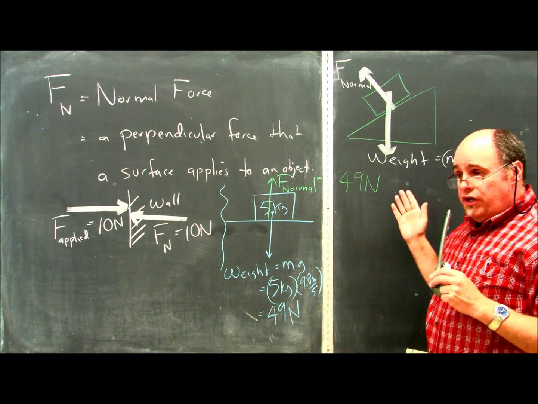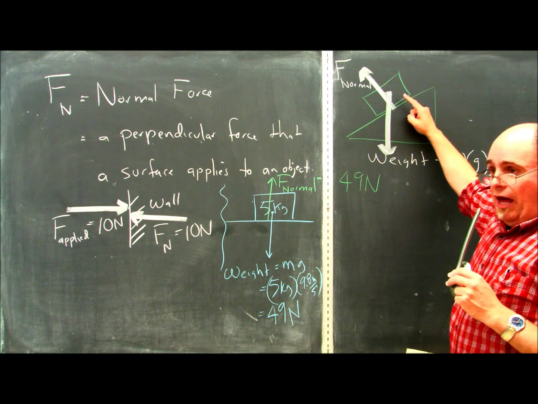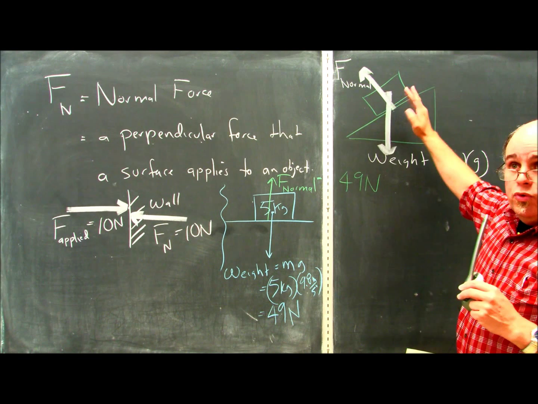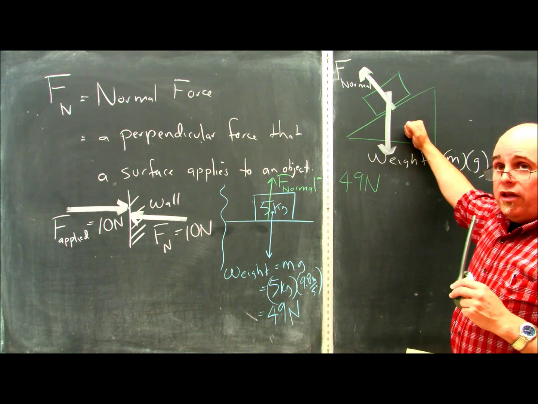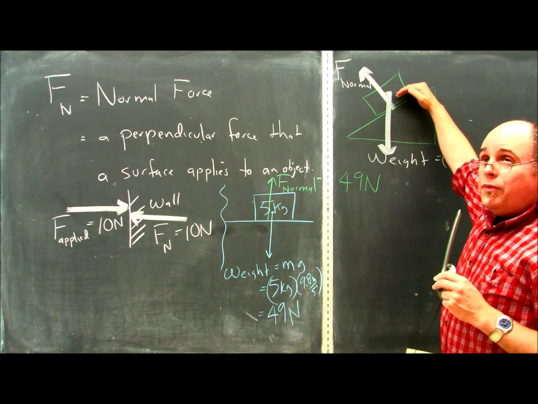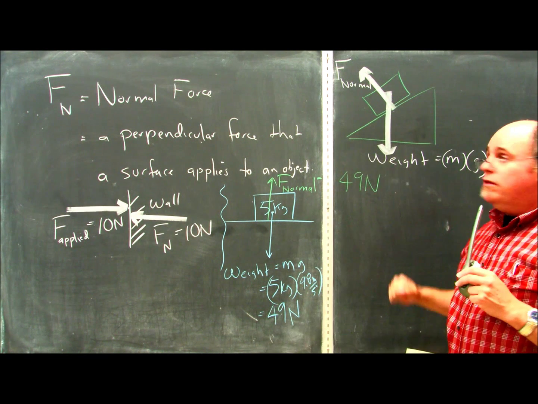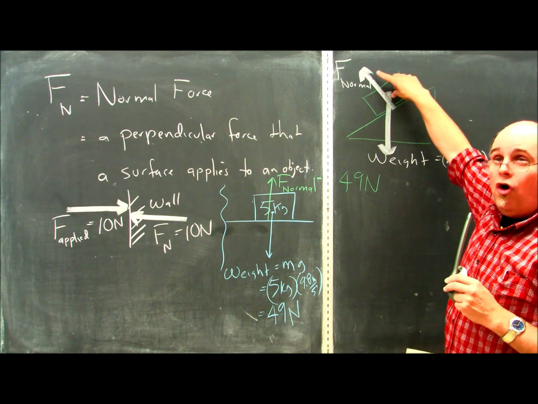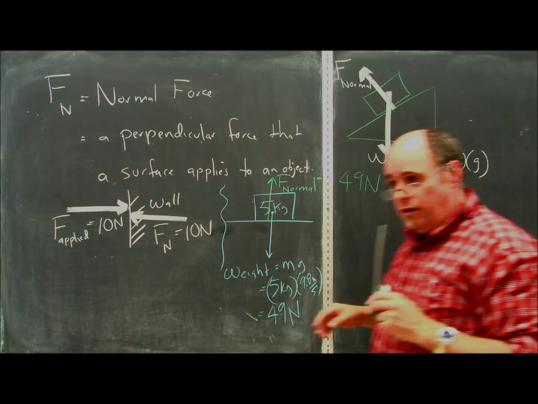In fact, if you think about the winter time, what would happen if we put a sled on a nice, smooth, icy hill? What would happen is they would accelerate down the hill. So you see, not all of the forces would be canceled out. Some would be remaining.